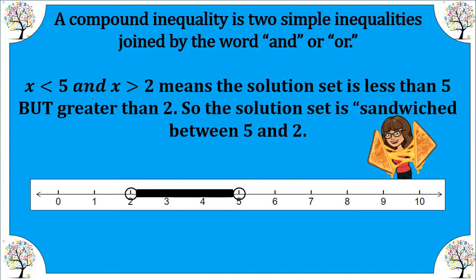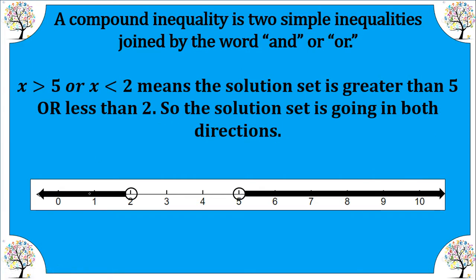So this is an example of a compound inequality where we're using and, and you see the overlapping there. So here is one where we have or, so our solution set is either greater than 5 or it is less than 2. So you can see these are going in opposite directions, and we have this section where none of these numbers, 2 through 5, are part of your solution set.